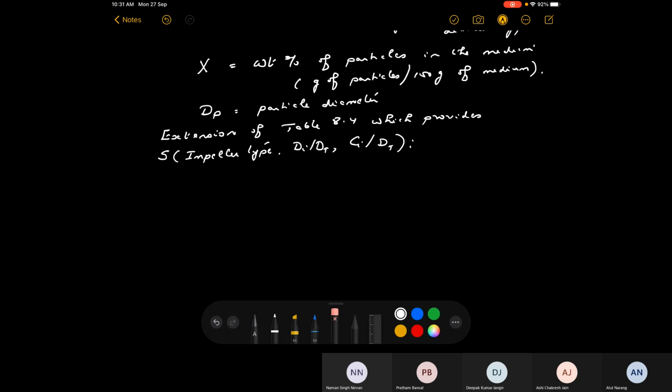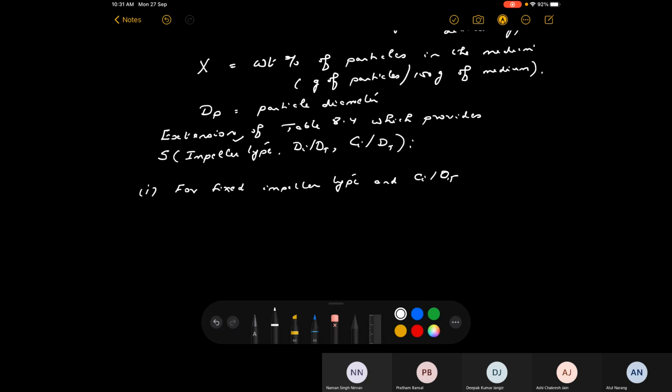So the first rule is that for fixed impeller type, this is basically quantifying the variation, fixed impeller type and Ci over dt.